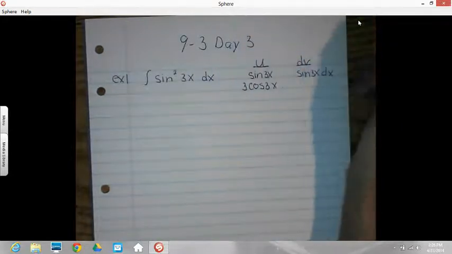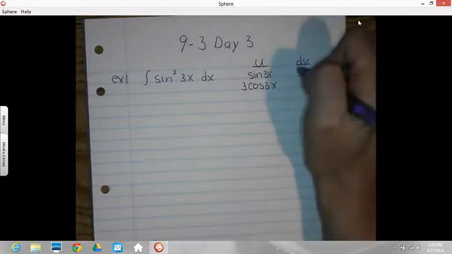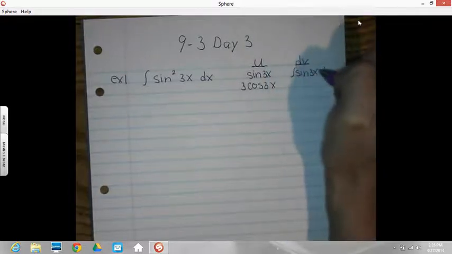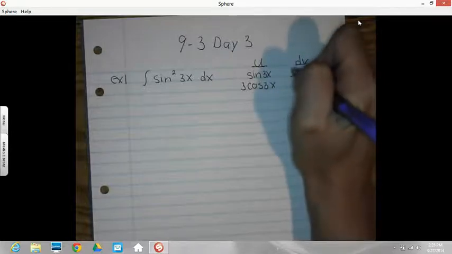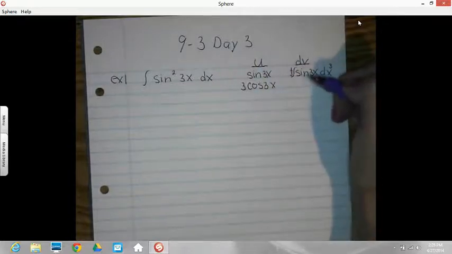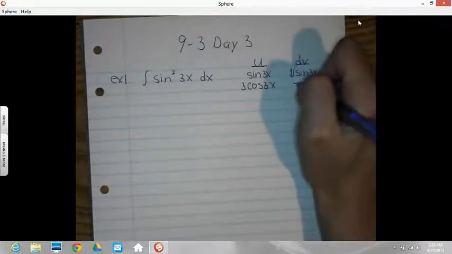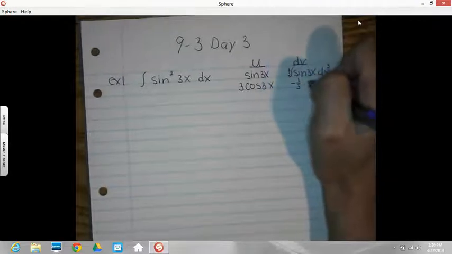And if I integrate here, again, do everything in your head if you can. You need the derivative of the angle next to the dx. So we need a 1/3. And cosine's derivative is negative sine. So this is a negative cosine. So it will be a negative 1/3 cosine 3x.